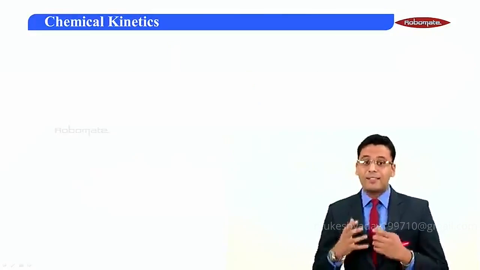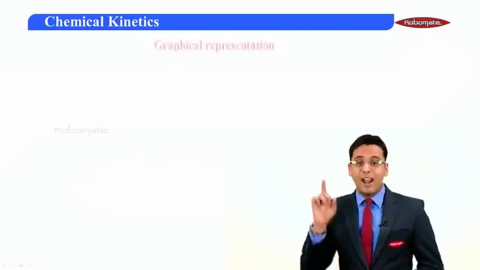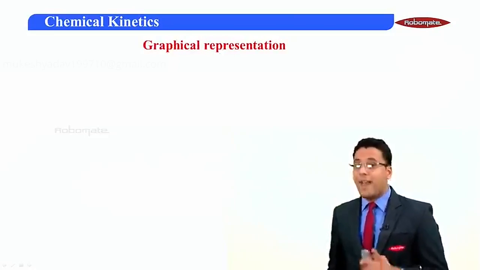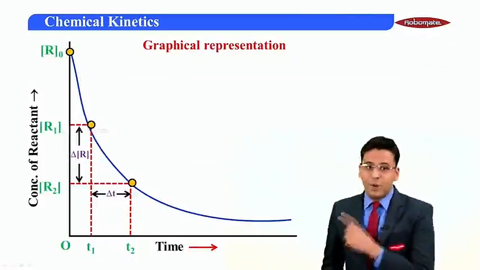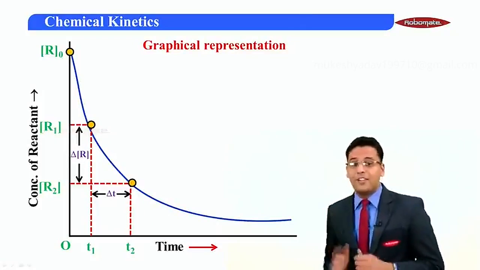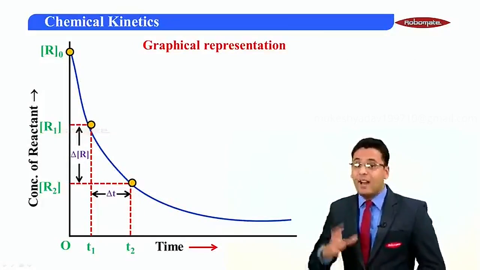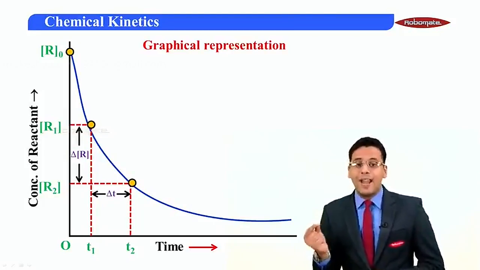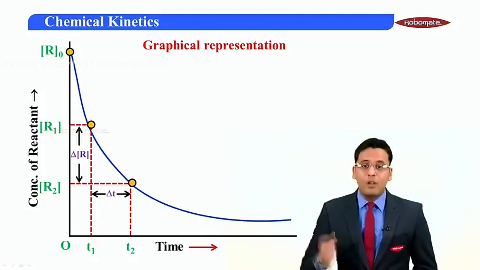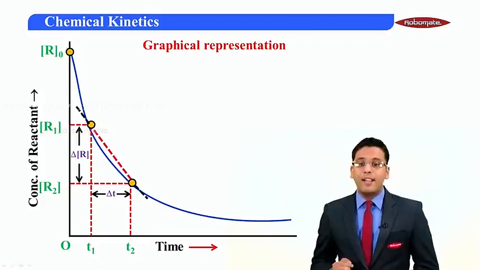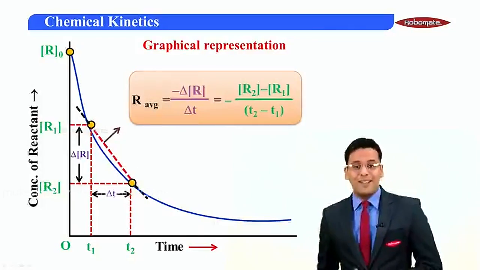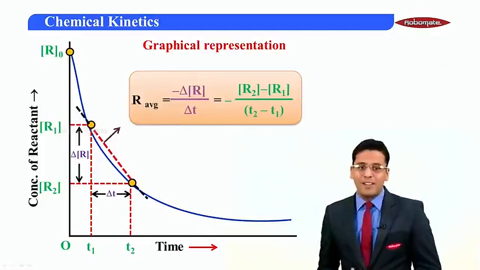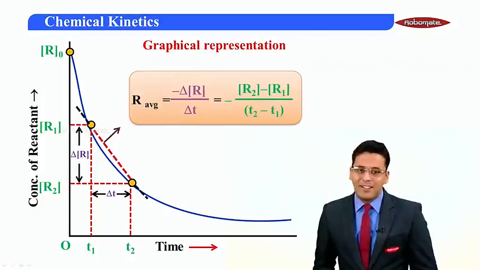If I apply the same idea to the graphical representation of average rate, I'm sure you remember this graph from average rate. What we had done in the previous module was between T1 and T2, we had drawn a line and we had calculated the slope of this line with this formula, R2 minus R1 upon T2 minus T1.